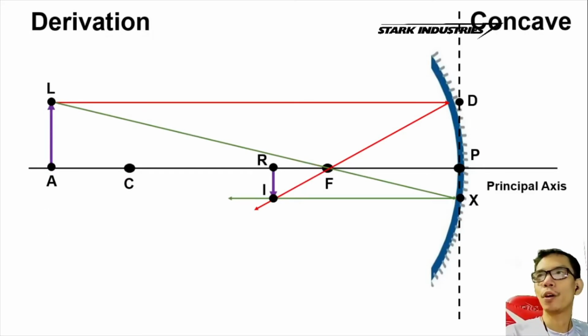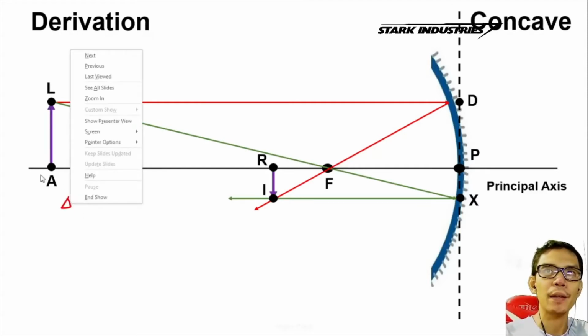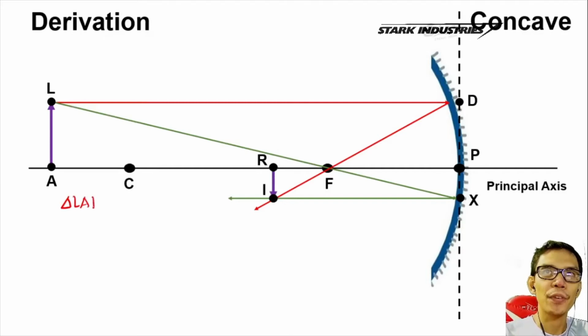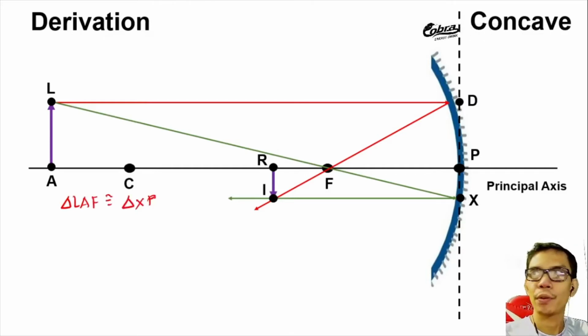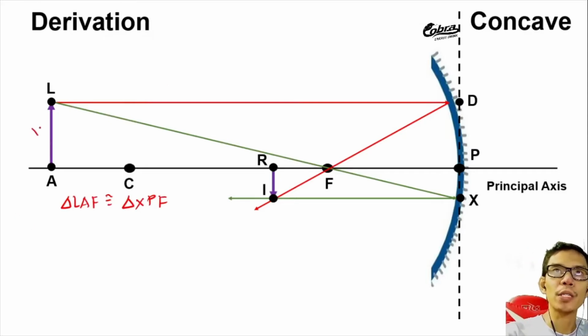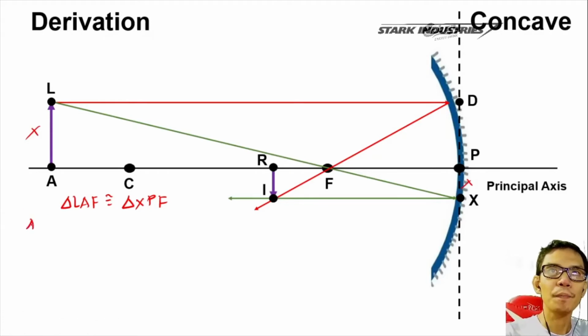Again, we will put some points over here. So let's use the sides that we have right there. Triangle LAF is similar to triangle XPF. So let's use the side AL and PX.